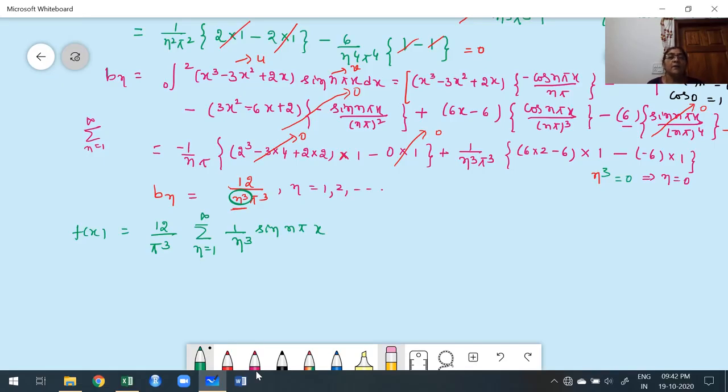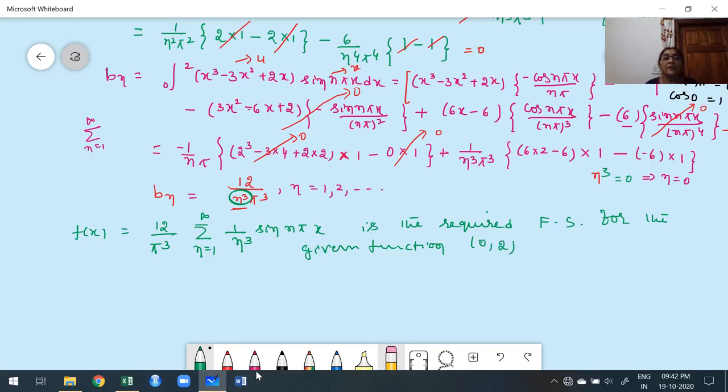You have to write sine of n pi x, because bn has sine. This is the required Fourier series for the given function over the interval 0, 2.